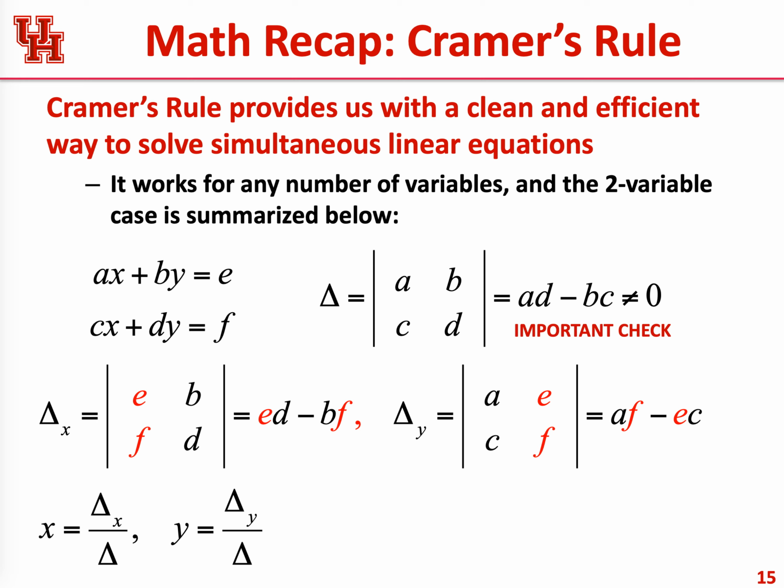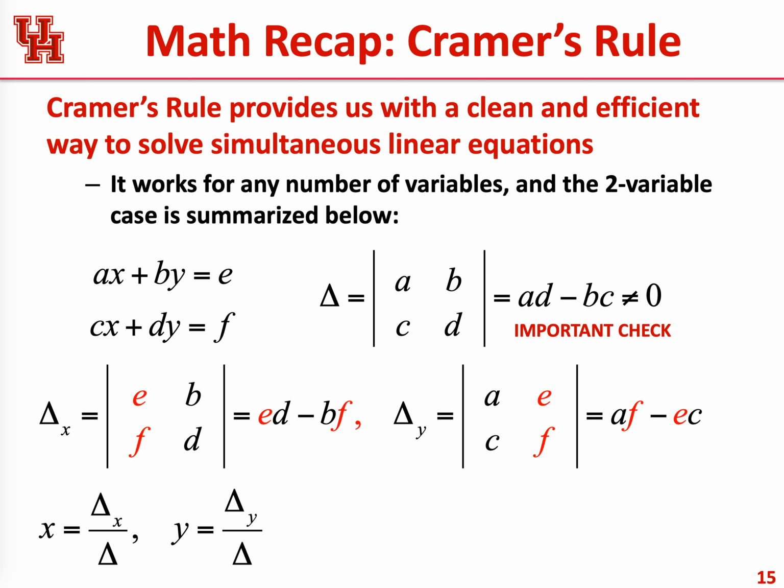Let's call that delta x. For delta x, the parts of the determinant that correspond to x get replaced with e and f, the terms from the output, and the other terms stay the same. The b and d stay the same. So this expands out as ed minus bf.